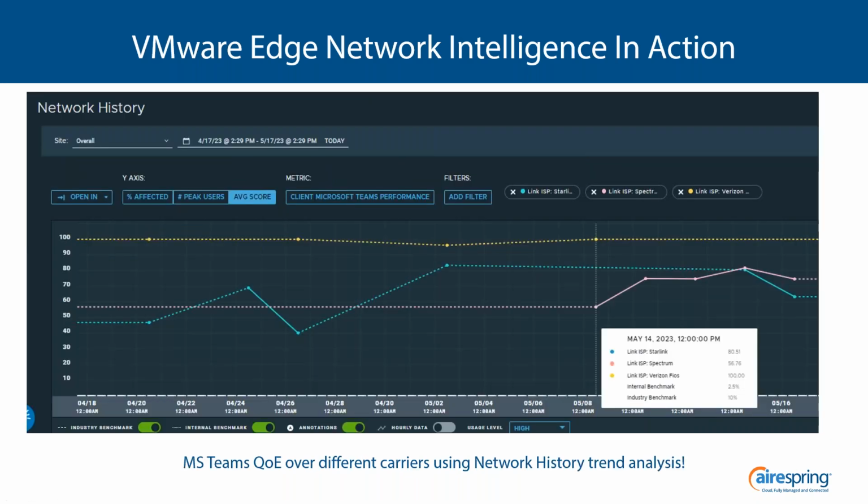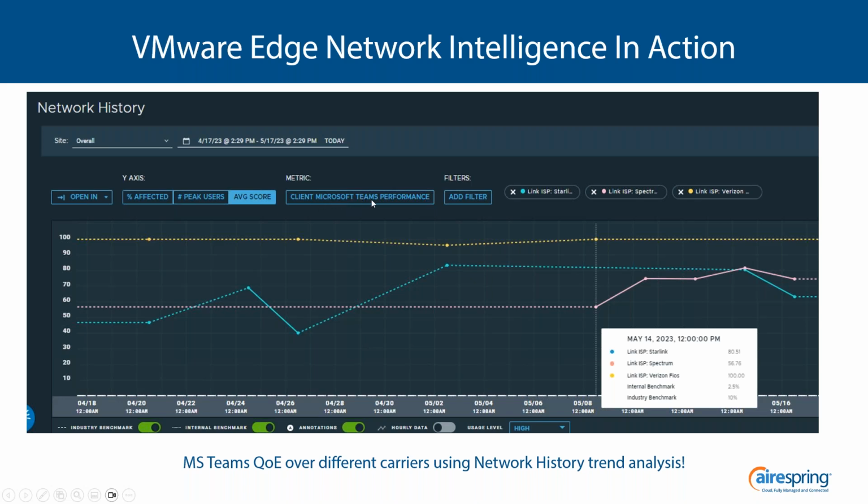Now, on the trend analysis side, it alone would be a 2-hour class. But with all that database you have access to, you can open up network history, health and remediation, or benchmarking. Most people will look at network history because they're comparing the overall network or a particular node or certain nodes over a time frame versus a metric.